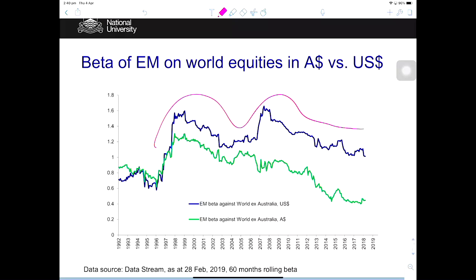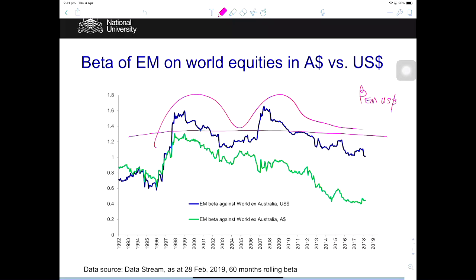So the beta I have here is the sensitivity of my emerging market investment relative to the world equity market movement, or the world economic development. I'm going to estimate the beta as indicated by the blue line here. The average is about 1.2. So in other words, the beta of emerging market in US dollar is 1.2.